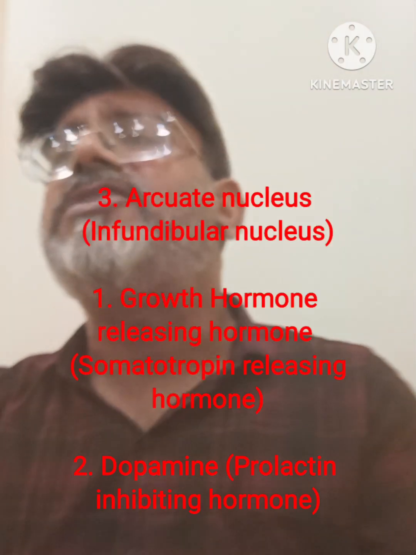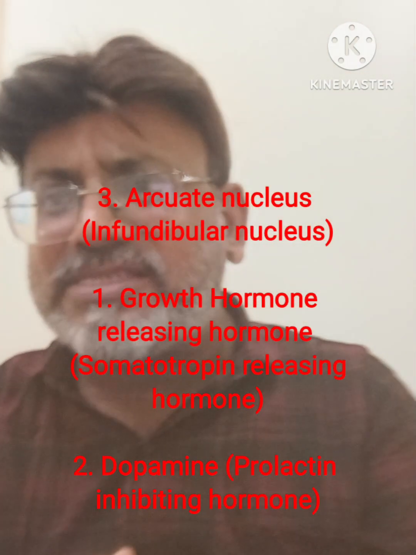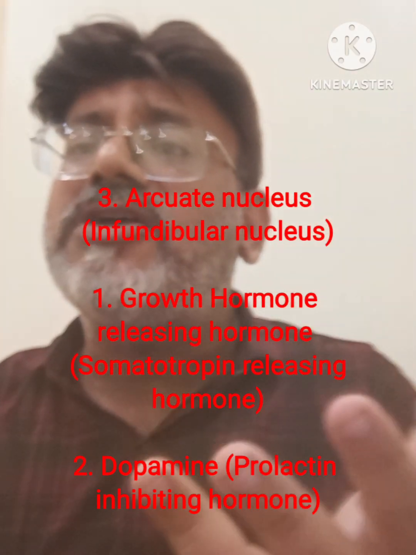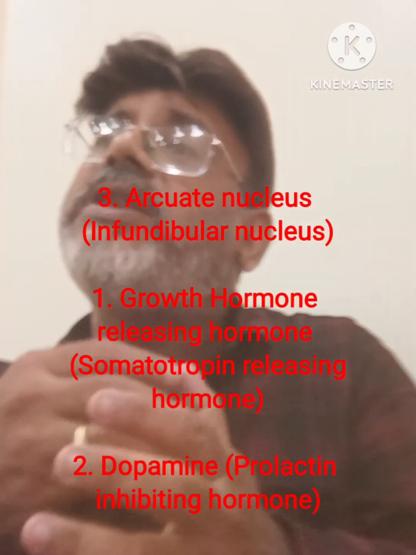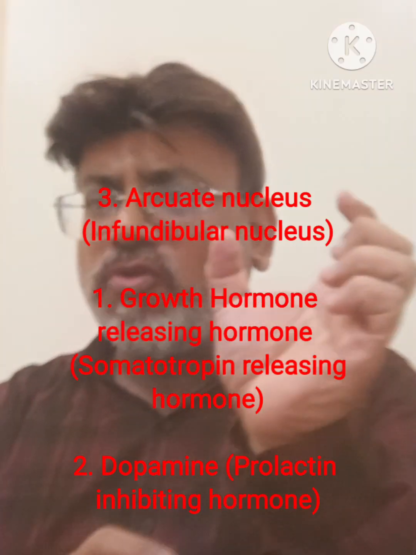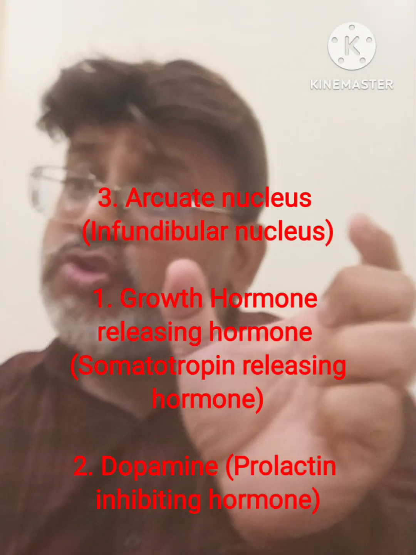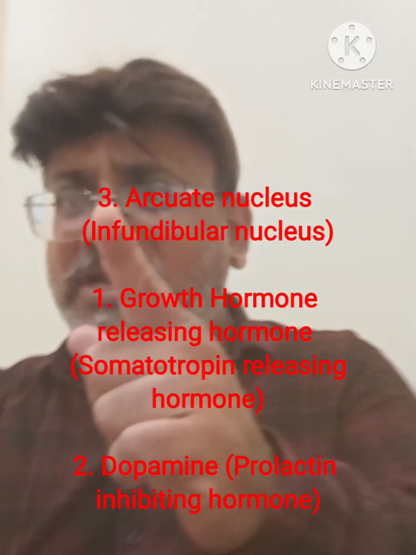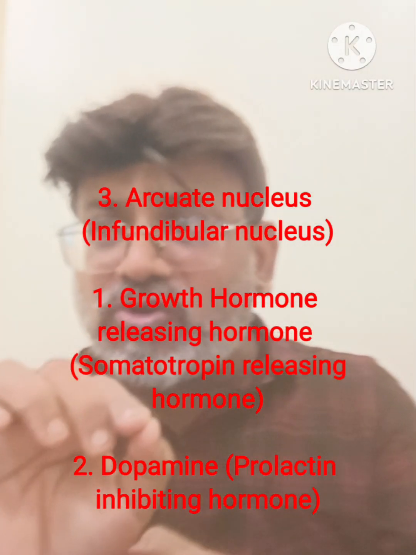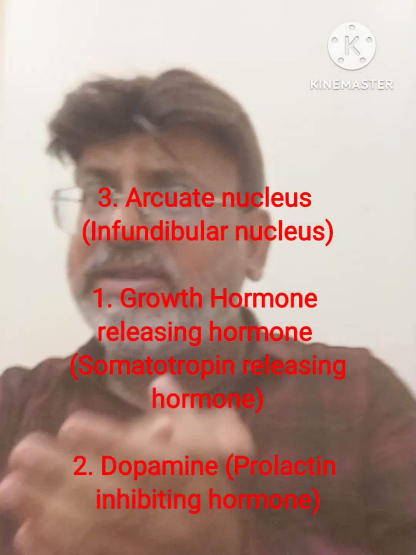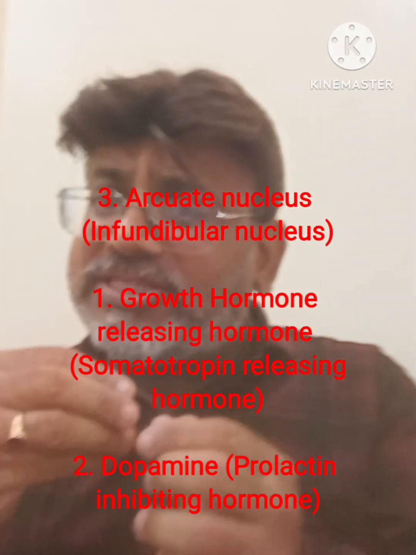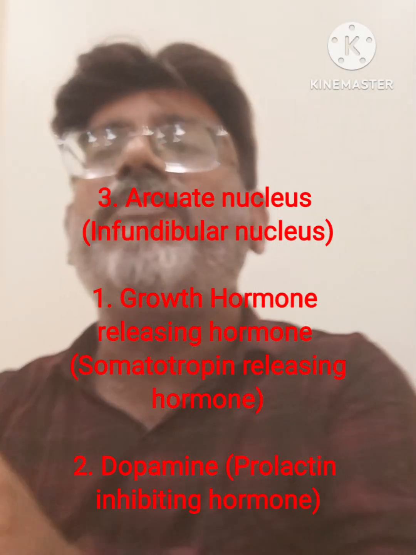Now, the arcuate nucleus, which is also called the infundibular nucleus. This arcuate nucleus produces releasing hormone like growth hormone releasing hormone, which is also called somatotropin releasing hormone, because growth hormone is also known as somatotropin. And the arcuate nucleus also releases inhibiting hormone like dopamine, which is also known as prolactin inhibiting hormone.